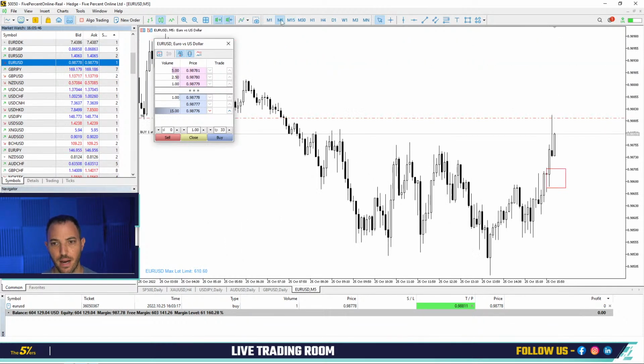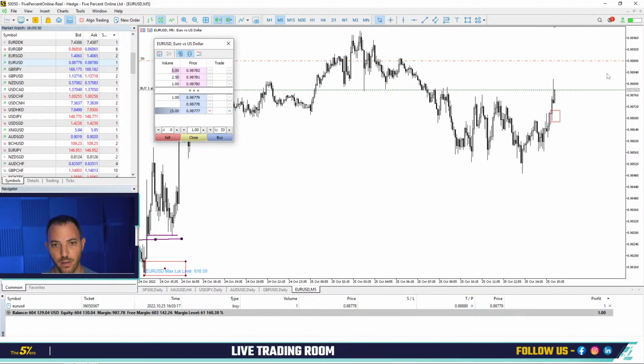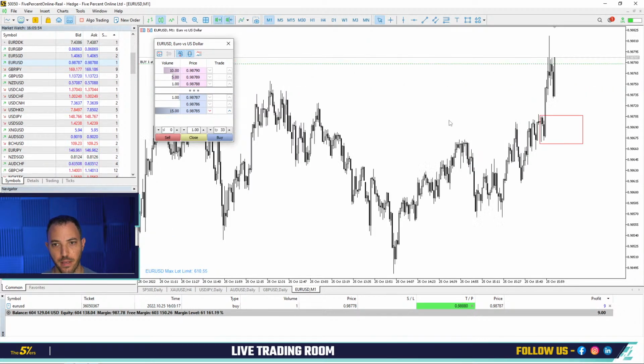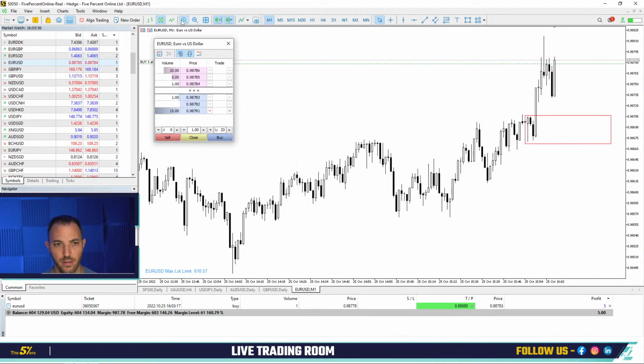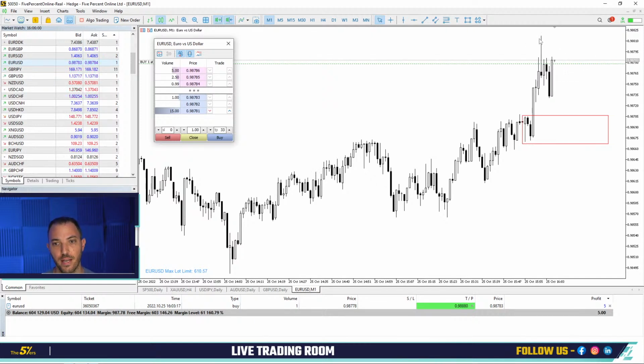The question is, are we breaking that tail, that peak? That will be the challenge. But it's worth seeing how the price approaches that area, and then we can see if we close it, take the profits, or we break.